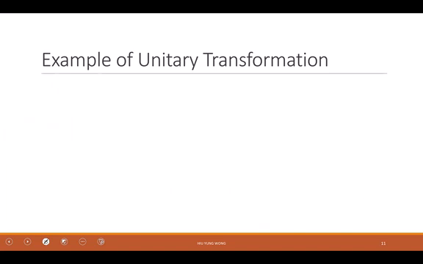Now I'm going to show you an example of unitary transformation. Although a lot of math, it is not difficult. So let's look at this. I have a coordinate system, which is 0, and this is 1, right?